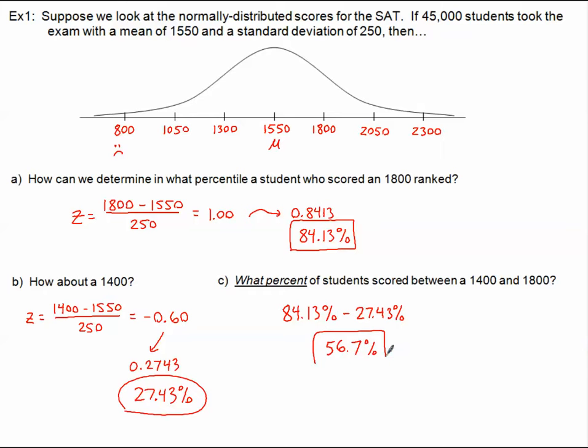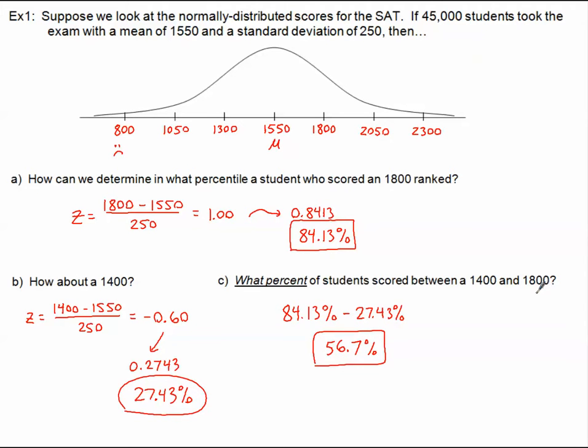So that's not too bad. Find the z-score for each one, equate those z-scores using your table to the percentage for each one, and then simply subtract the two percentages.